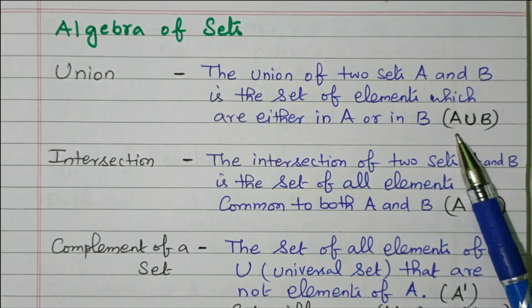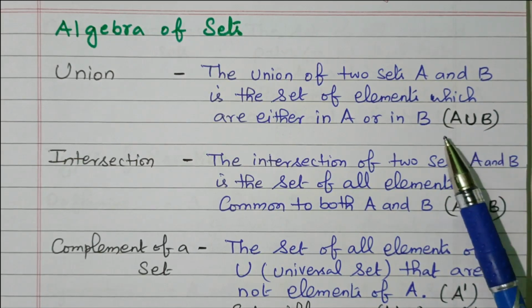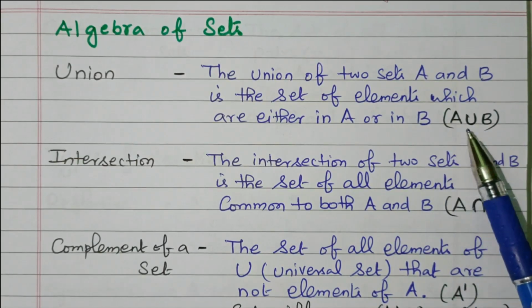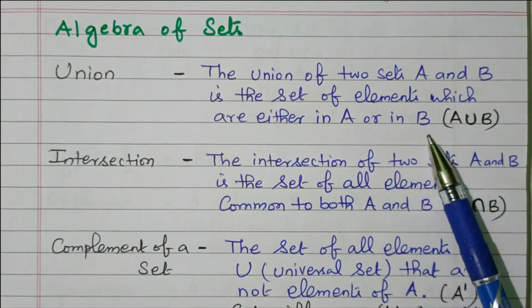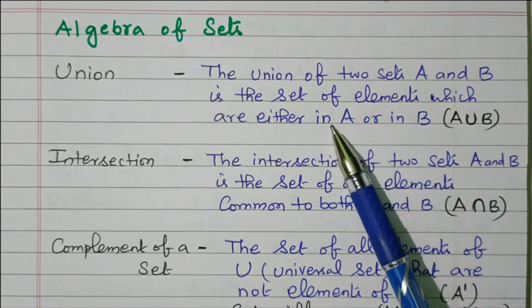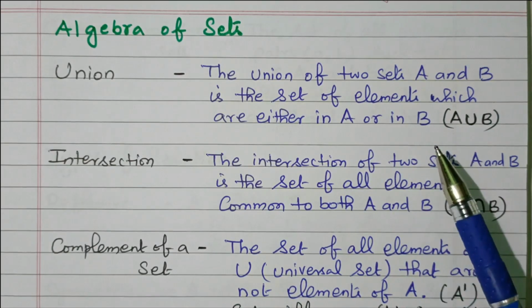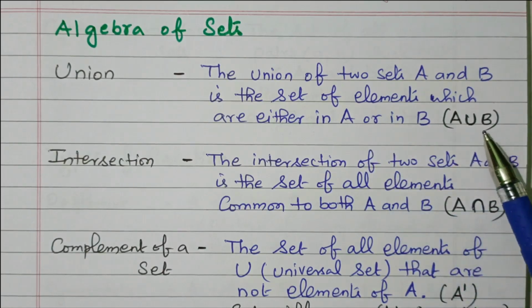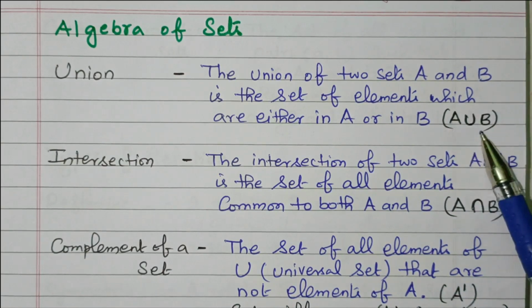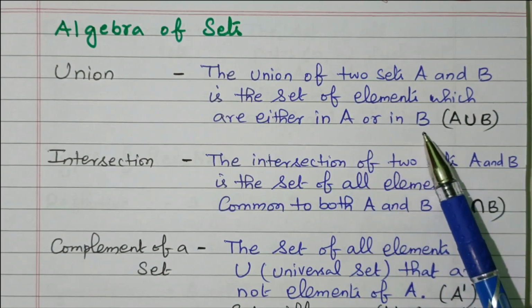The elements in A as well as the elements in B are grouped together, so that it contains elements available in either A or B. Some of the elements may be common. Grouped together, that is called A union B.